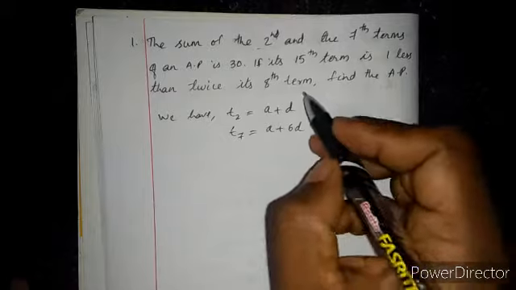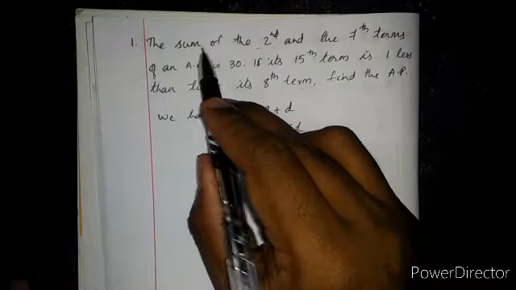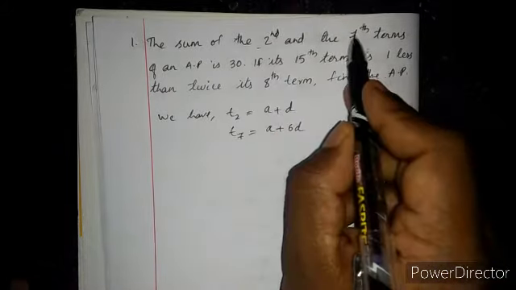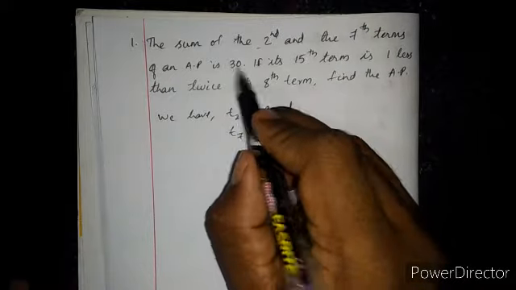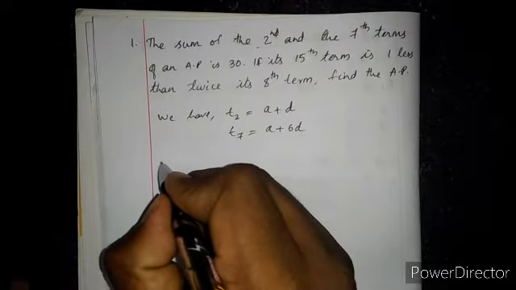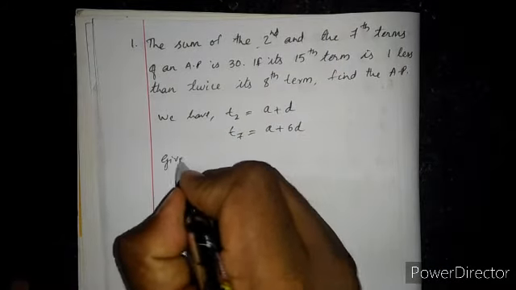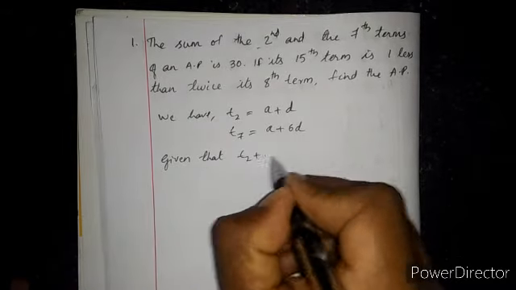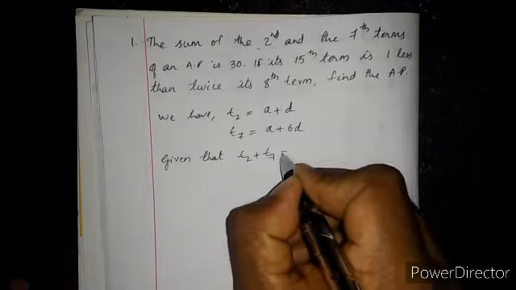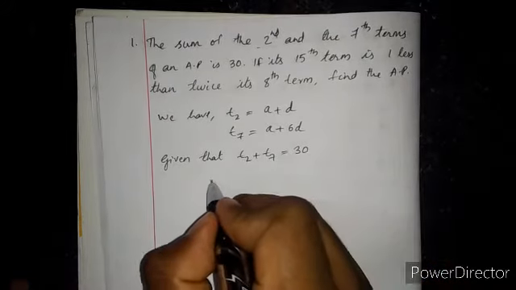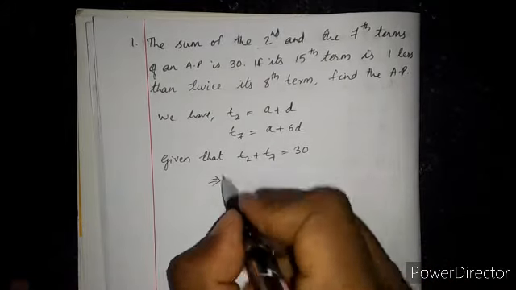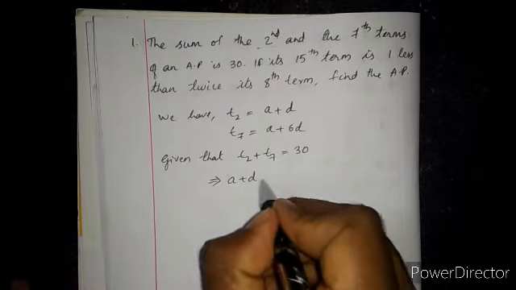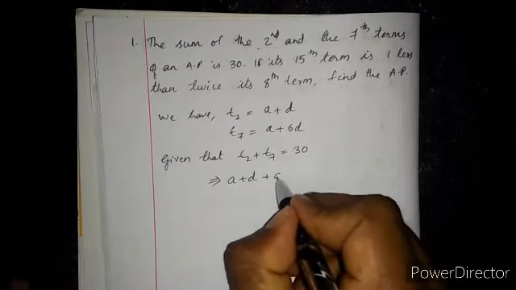So these two things are given, and it is given that the sum of the second term and seventh term of an AP is 30. So given that, T2 plus T7 is equal to 30, that implies what is T2? It is A plus D, plus what is T7?